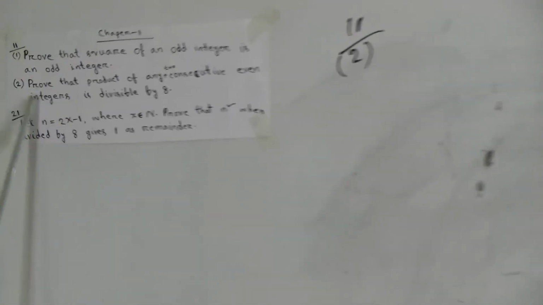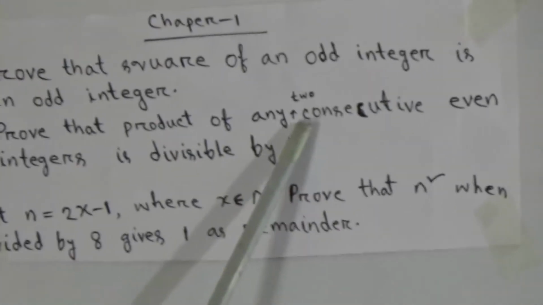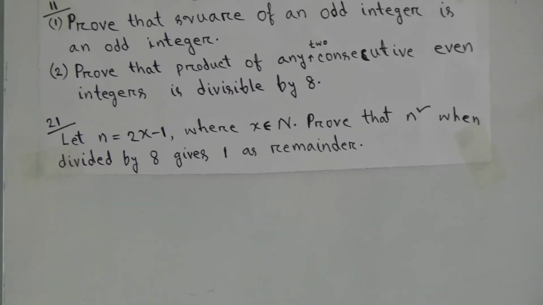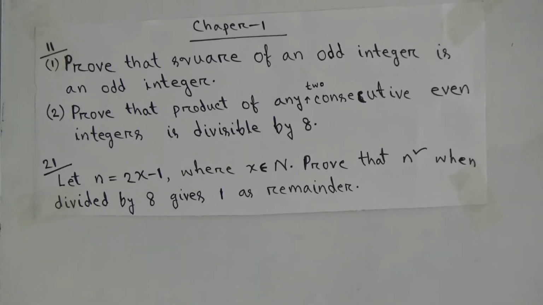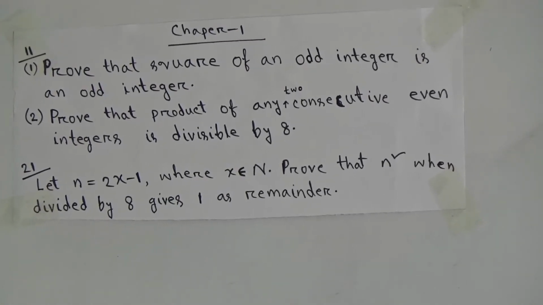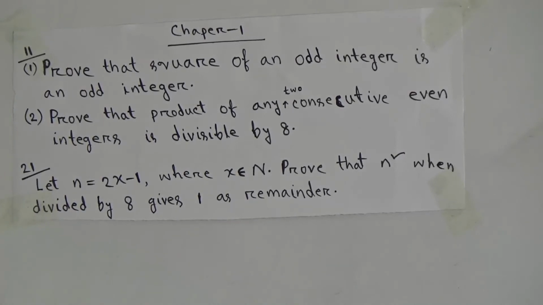Here the question is question number 11 sub number 2. Prove that the product of any two consecutive even integers is divisible by 8. Consecutive means one after one, as I have already said.